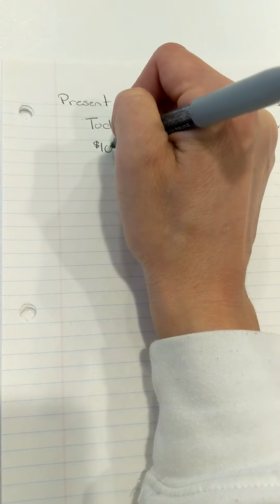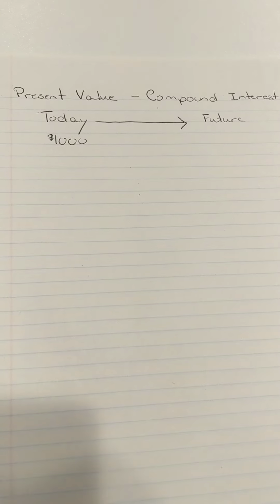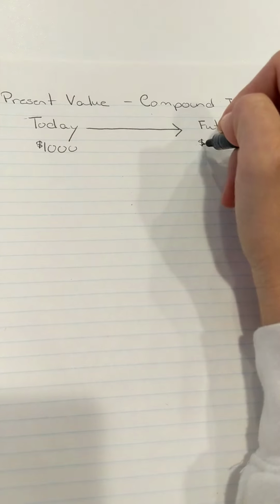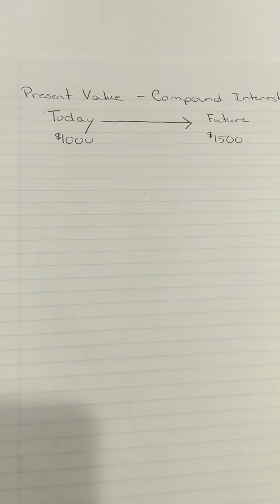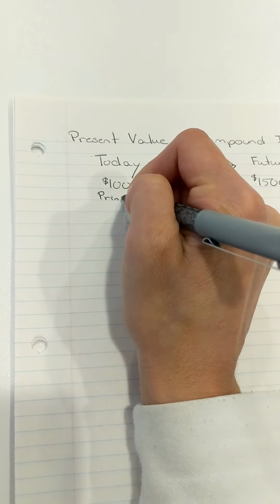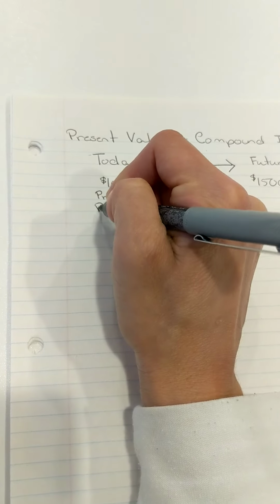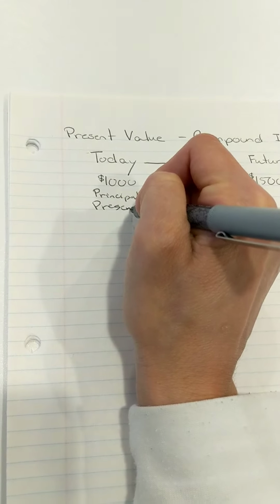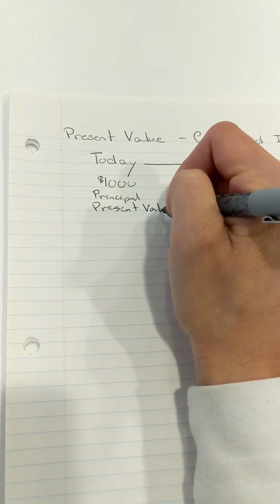So assume that you want to invest $1,000 today. And then at some point in the future, it turns into, let's say, $1,500. It doesn't matter what the amount is, okay? This is our principal. Another word for it is our present value, okay?